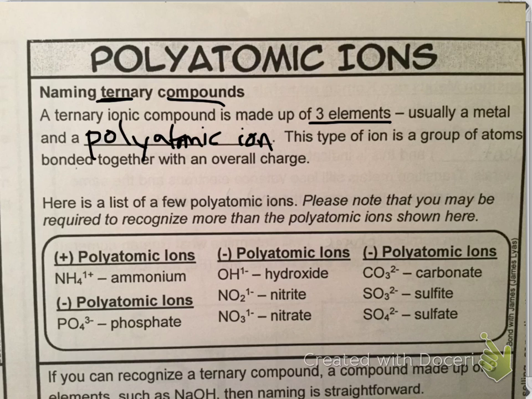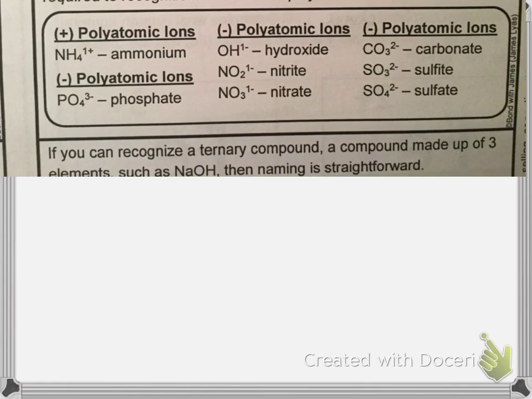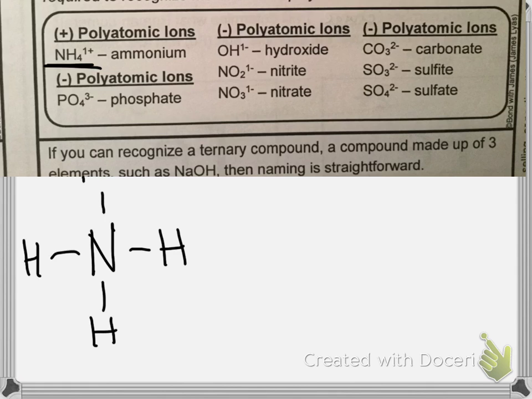This type of ion is a group of atoms bonded together with an overall charge. So let's look at these. Here's a list of a few polyatomic ions. So looking at this, notice this is nitrogen bonded to 4 hydrogens. And this whole thing has a charge of +1.